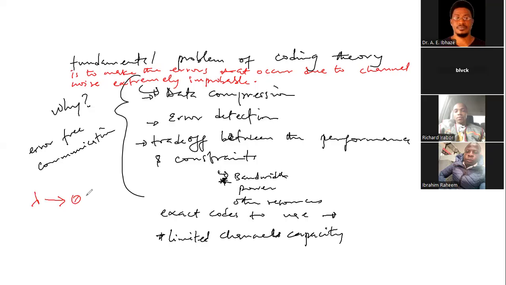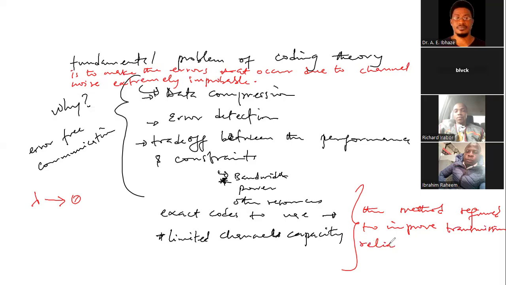And what is the possible method required to improve this transmission reliability? The method required to improve transmission reliability depends on the properties of finite fields.